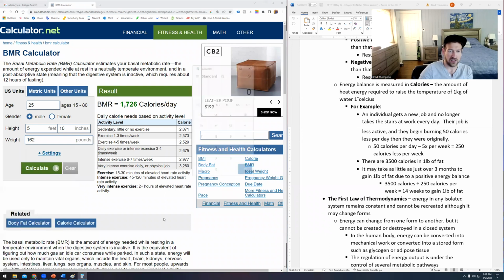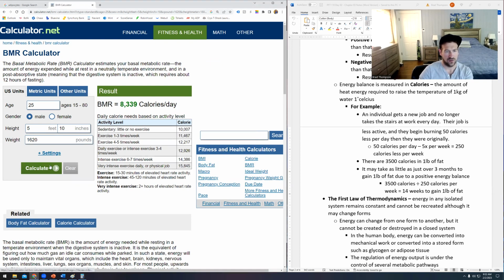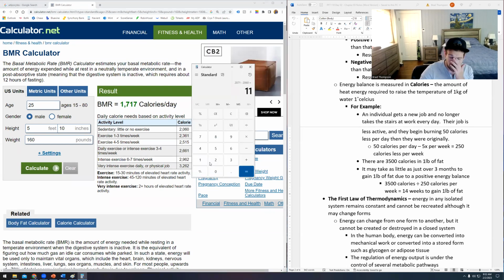It'll take even longer. What was my original number? 2060. So now it's 11. So 15 minus 11 times 5, 195.